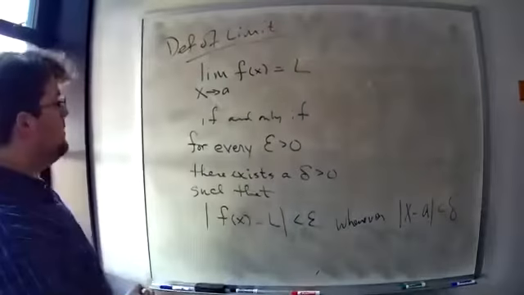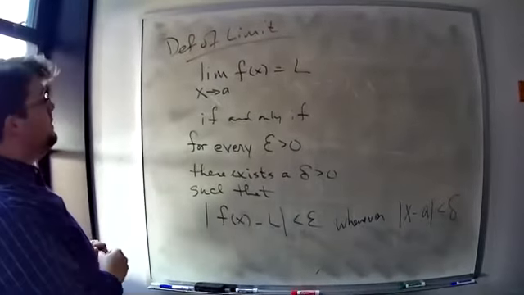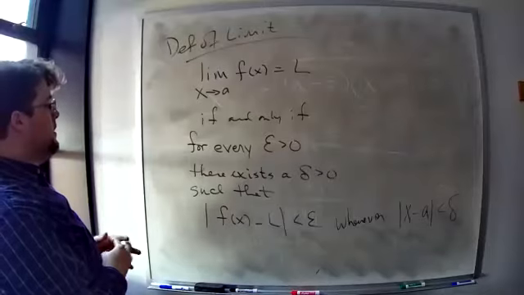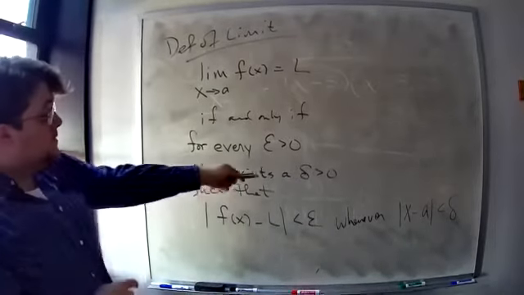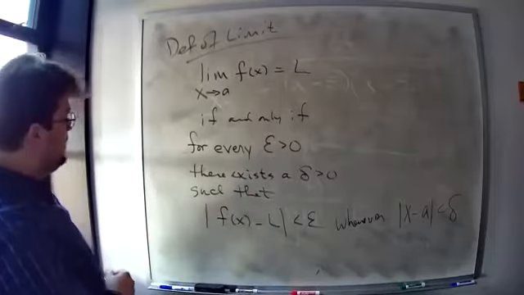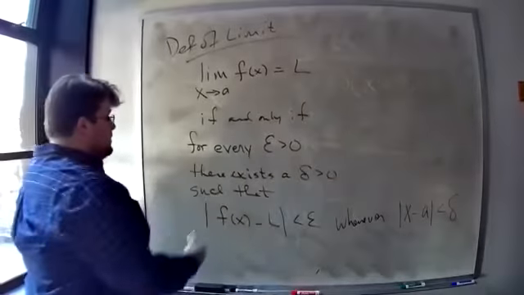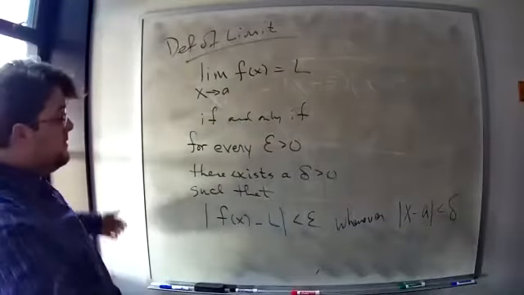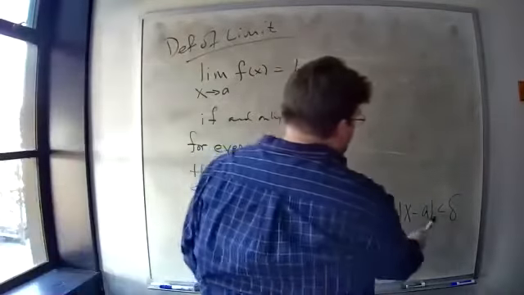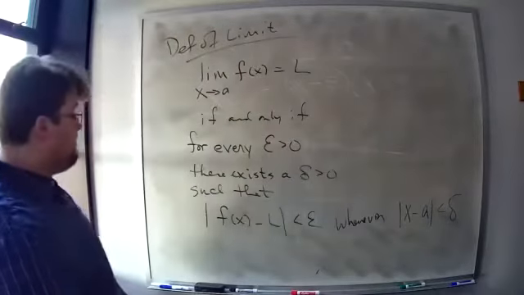If you want the true definition of limit, there it is. Limit of f of x as x approaches a is L if and only if for every epsilon, Greek letter epsilon greater than 0, there exists a delta, Greek letter lowercase delta greater than 0, such that the distance between the function and the limit is less than epsilon whenever the distance between x and a is less than delta.